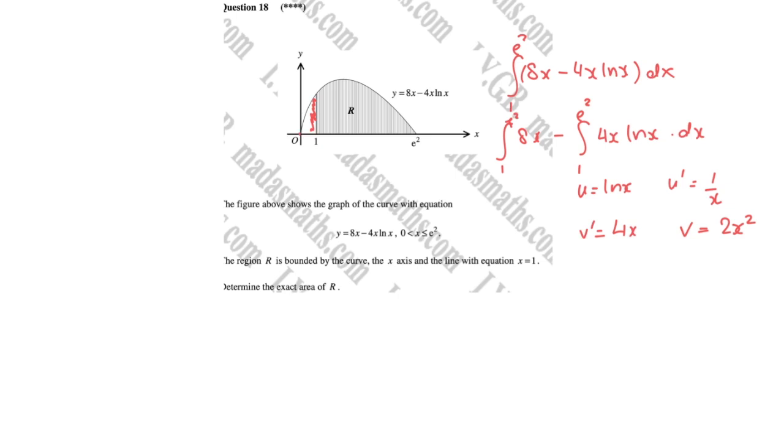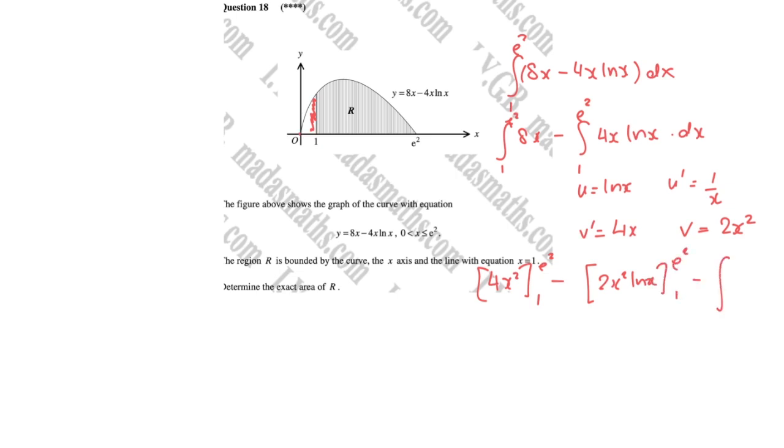Yeah, absolutely. So now I've got the 8x, and then e squared, 1. Oh, I haven't integrated this yet, sorry. So that will be 4x squared. And then I have this by parts situation. So again, u times v, so 2x squared ln x, e squared to 1.